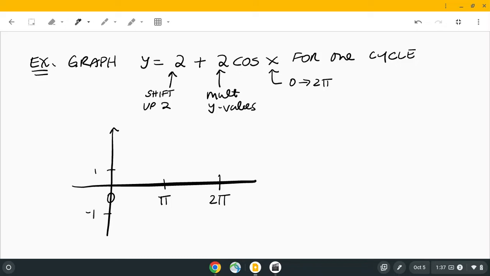Okay, but we're going to have to do a couple of things. So whenever you have to multiply y values and some other things, do the multiply y values first, because if you shift, then you lose the y value, right? Because now it's been moved. And so we want to multiply the y values at the beginning. Okay, so if you ever have this, do this first.